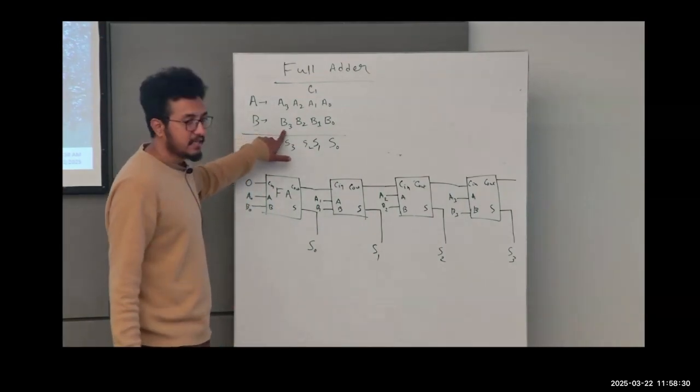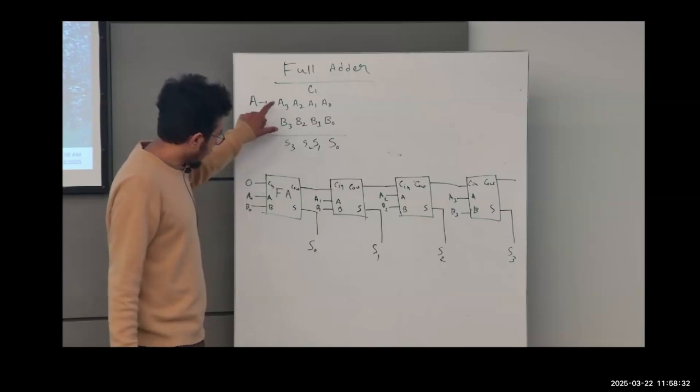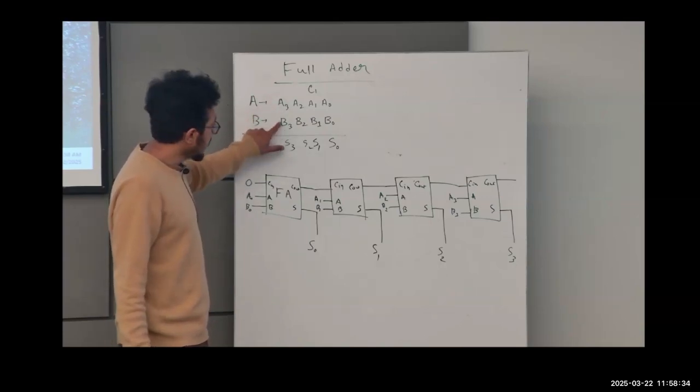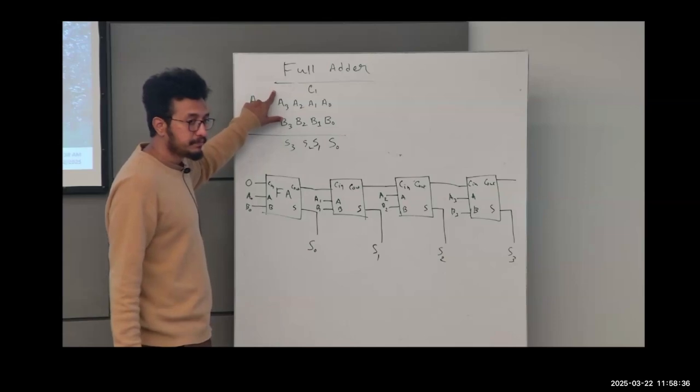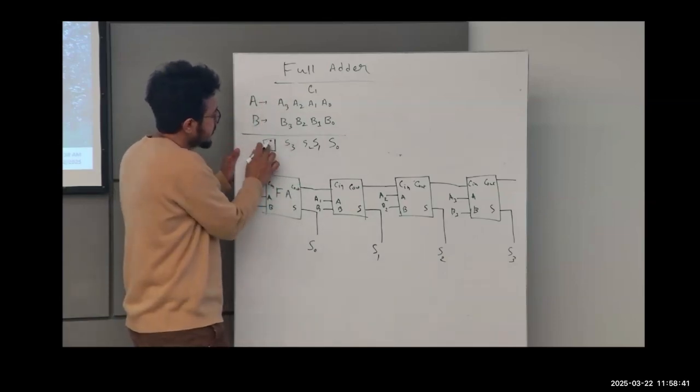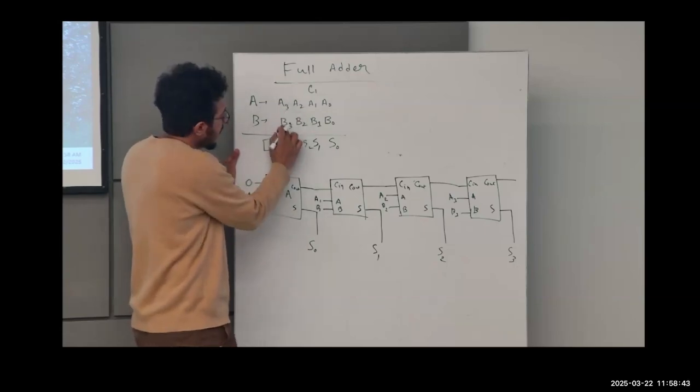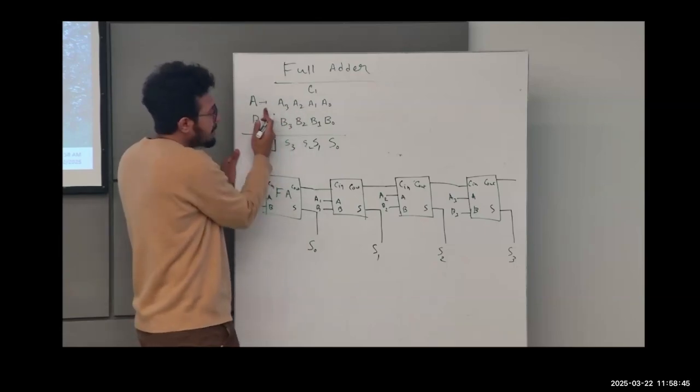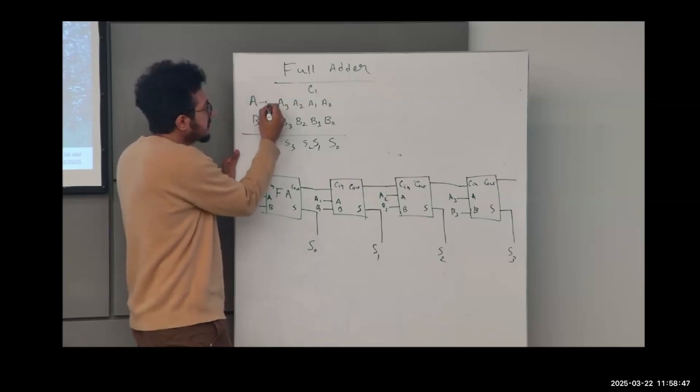For the last bit, a carry will be generated, right? Whatever carry we have here, we do not have any A or B for the next bit, right? These are basically 0, 0.